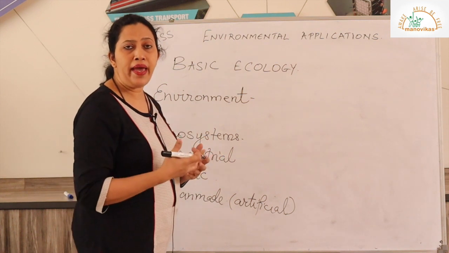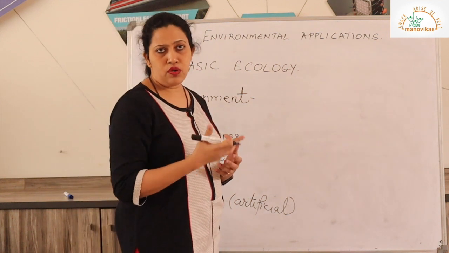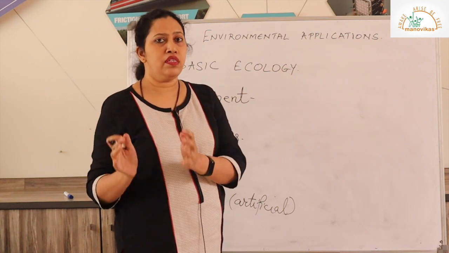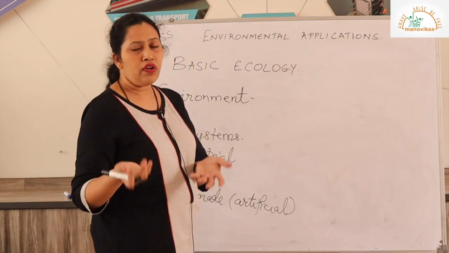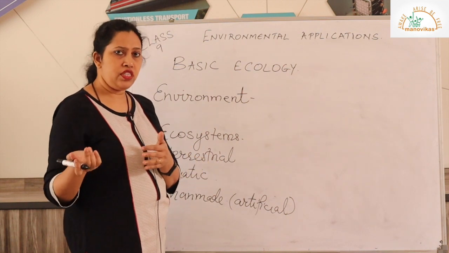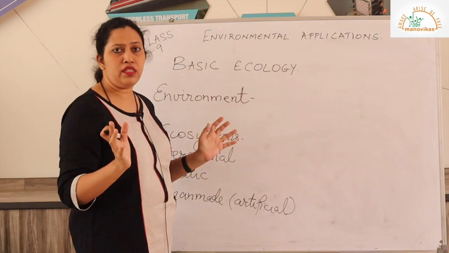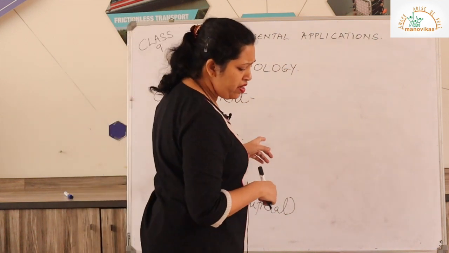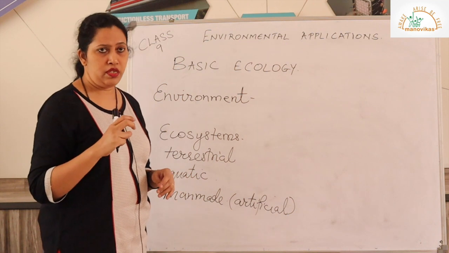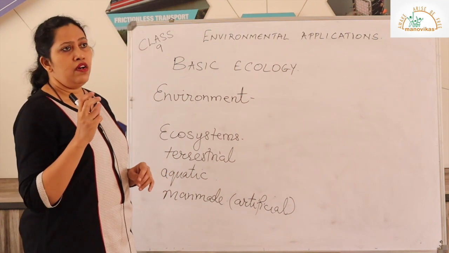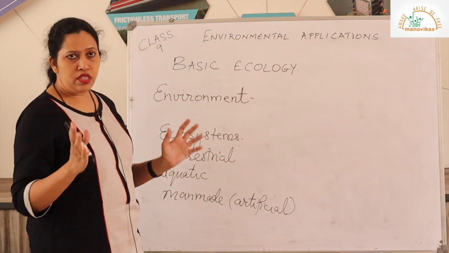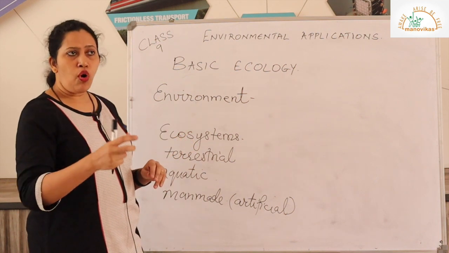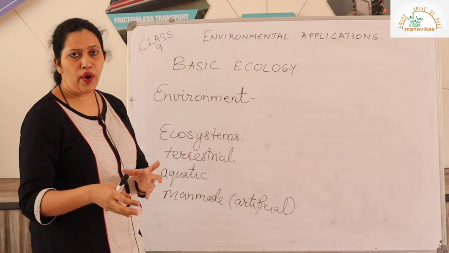For example, a polar bear will be in a cooler climate, a cooler ecosystem. We cannot bring it and keep it in the ecosystem of a grassland or a forest. It will always be in a cooler environment around it. And then there are various habitats in the ecosystem. A forest may be one ecosystem, but an earthworm will have a small habitat in the soil.